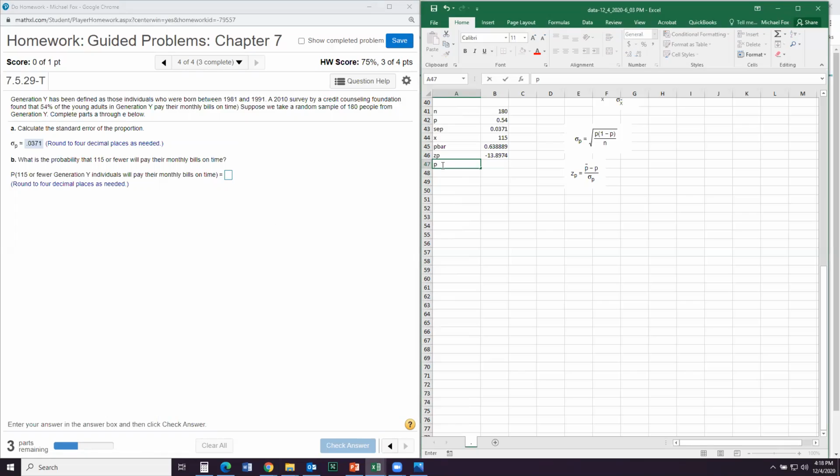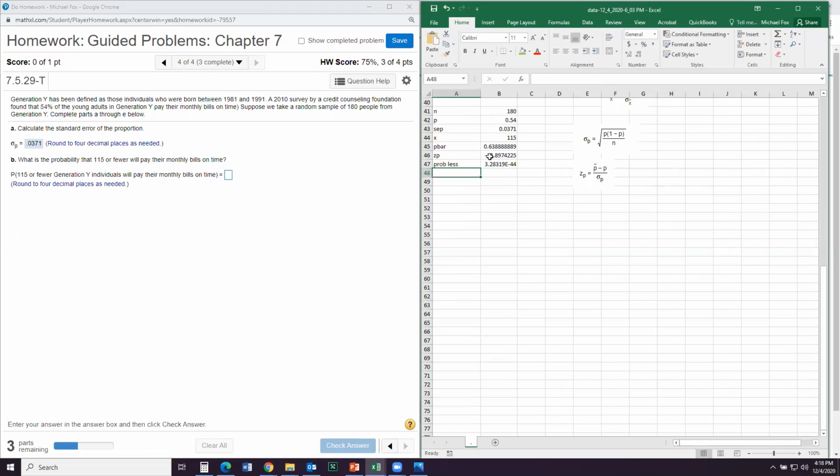So our probability that it is less than is going to be NORM.S.DIST of the z-score comma TRUE. See, that's just crazy low. And then our probability that it's greater equals 1 minus the probability of less than.